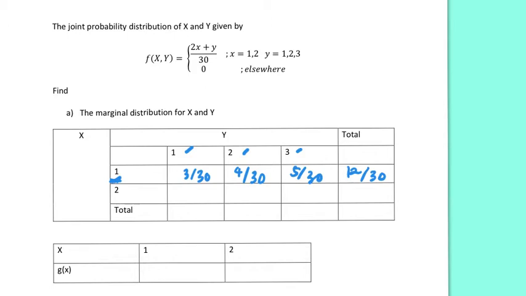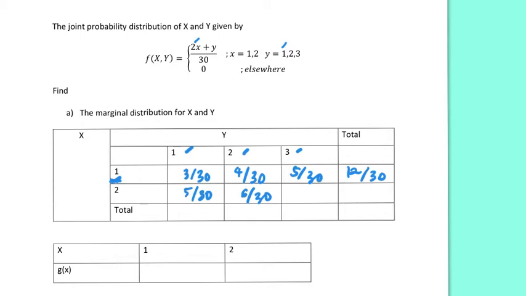So the next one, when x equals 2, you get 2 times 2, 4. 4 plus when y equals 1, you get 5 over 30. The next one, 4 plus 2, 6 over 30.